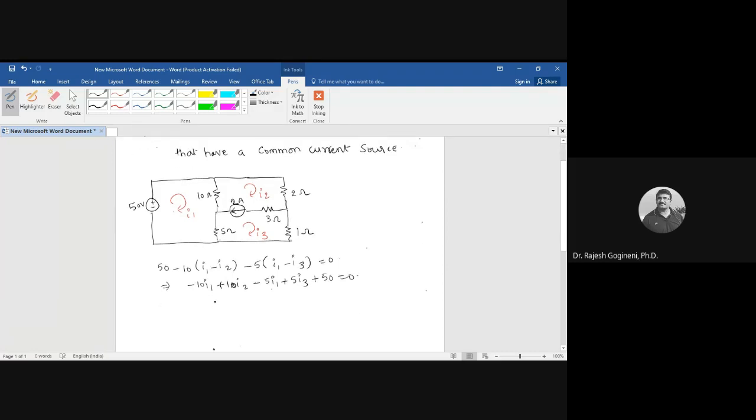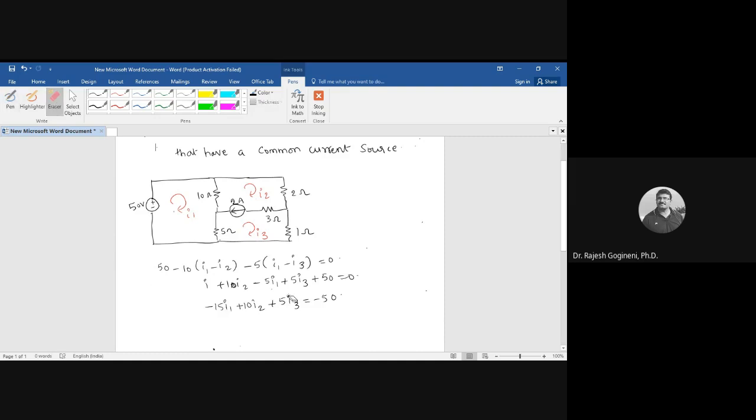So minus 15 I1 plus 10 I2 plus 5 I3 is equal to minus 50, right?